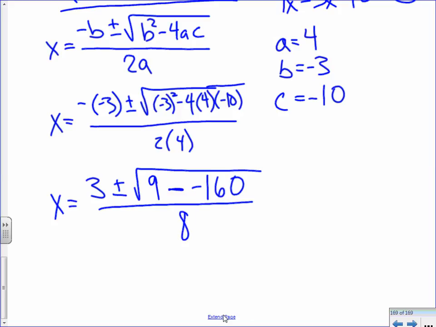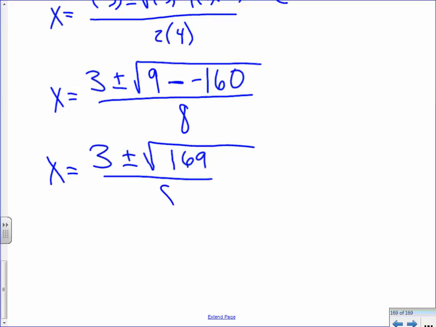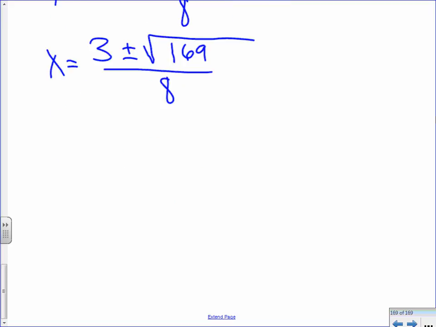Okay, now I will simplify in the square root. So x equals 3 plus or minus square root, 9 minus -160 becomes 169, over 8. And 169, we just did completing the square, and this popped up for us.